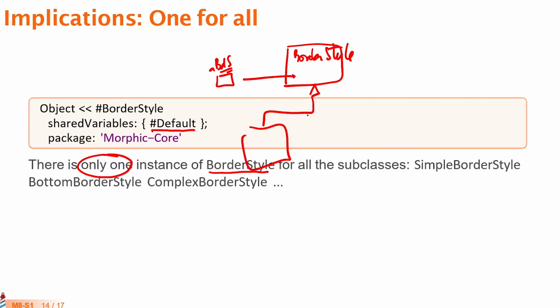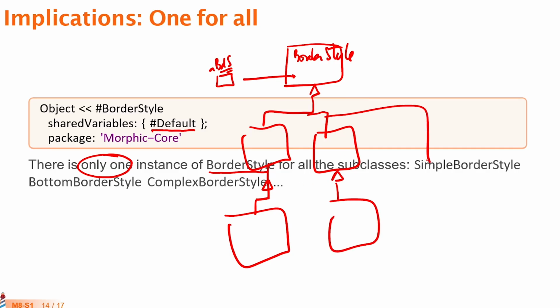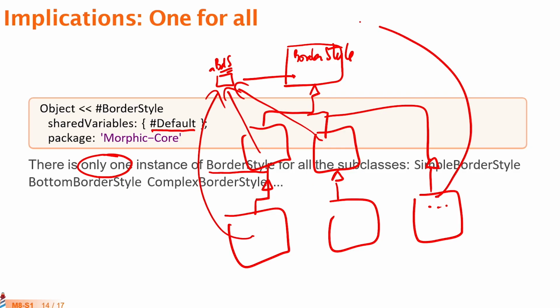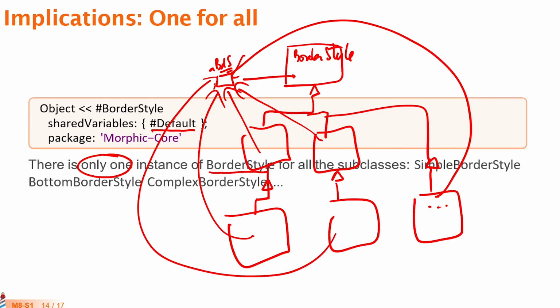And all this hierarchy, it can be quite deep, all the hierarchy here, they will share this instance variable. There is only one, this class variable. There is only one in the system, okay?